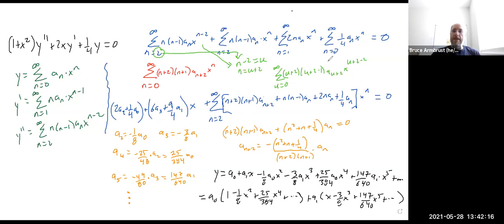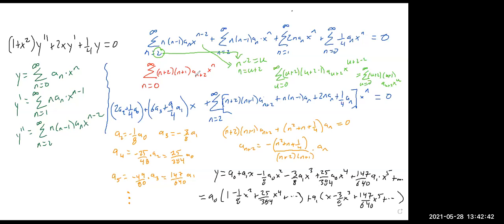So if you simplify all this, now it looks like the sum from u equals 0 to infinity of u plus 2, u plus 1, a sub u plus 2, x to the u. And then just change all those u's back to an n, because the name of that doesn't really matter. And you see that that's exactly what I've got in red. That definitely makes way more sense looking at it that way.